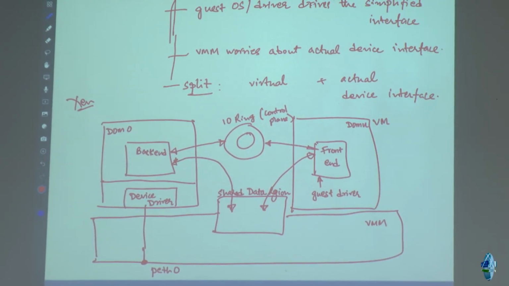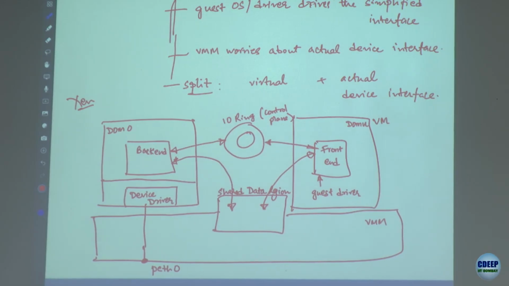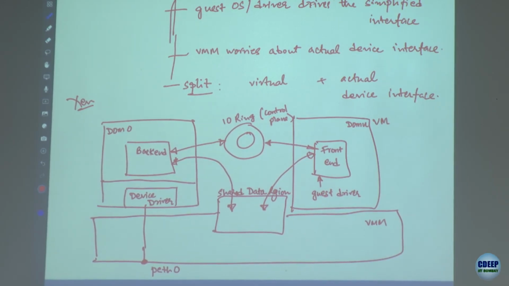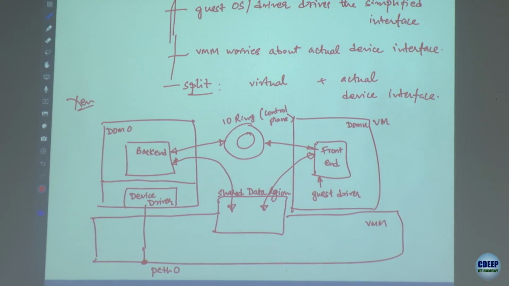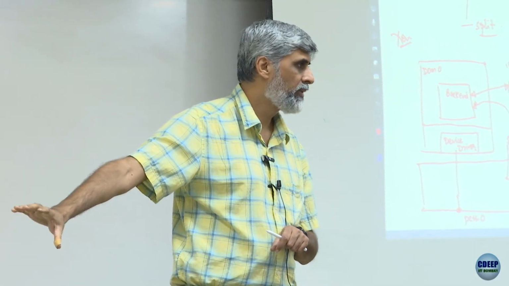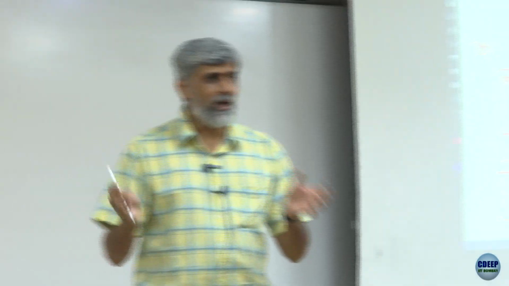For every device that you discover, you need to start a device driver, and then the device driver sends a bunch of initialization commands to initialize that device. As part of that initialization, a bunch of information is exchanged between the hypervisor and the guest, which is essentially trying to set up these two shared regions. One is a control channel and one is a data channel, right? And now all I/O is happening on these channels, right?